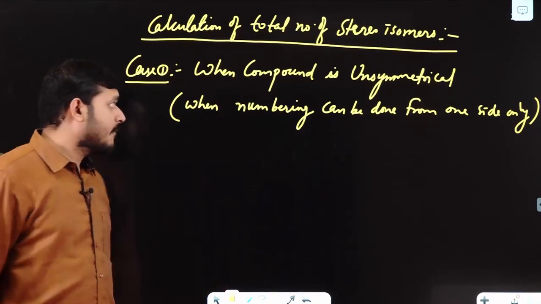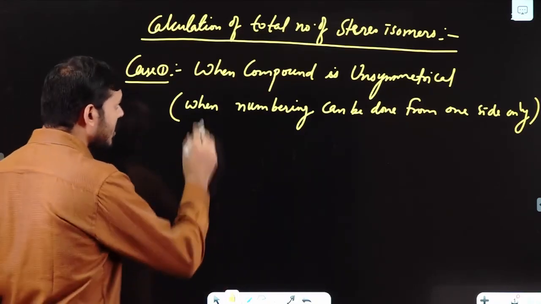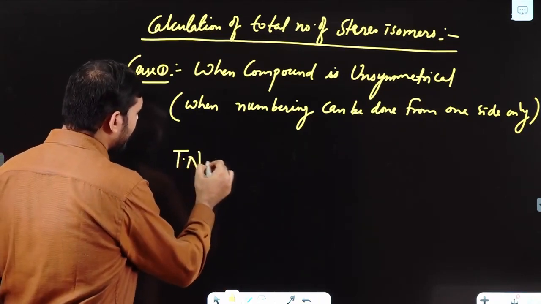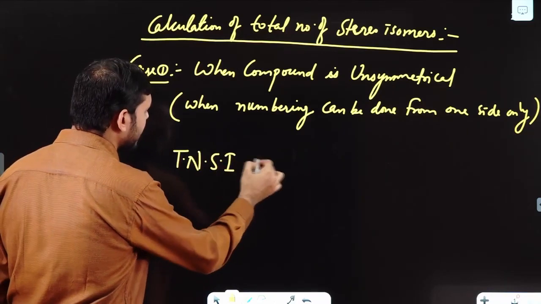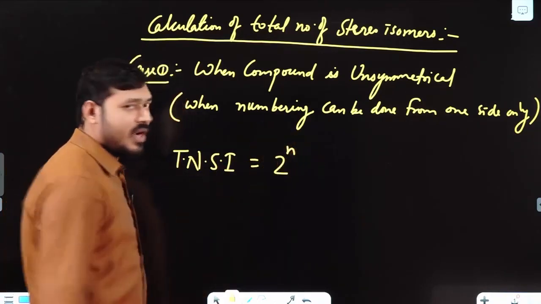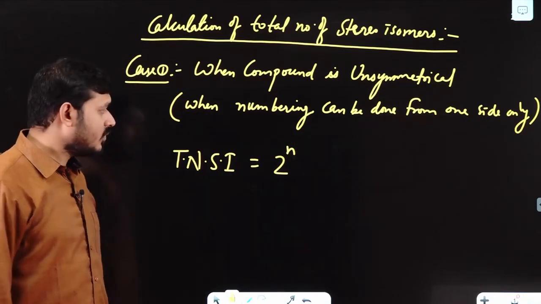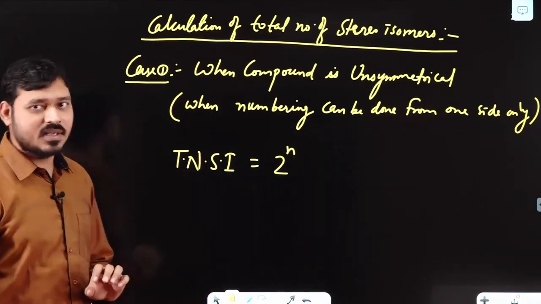In such a case, you have to say total number of stereoisomers equals 2 to the power n. 2 to the power n. Okay. Now, what does this n represent?